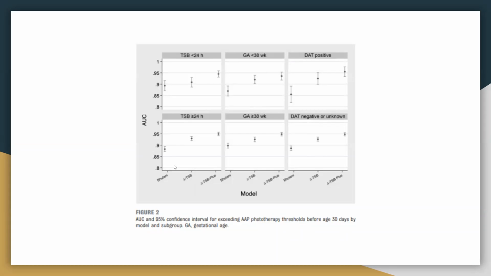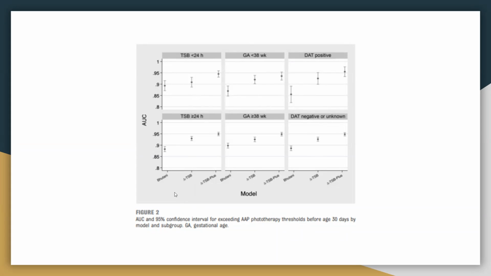And here we see that there continues to be really accurate findings between all three models, regardless of what the subgroup or, I guess, what the other factors at play were.